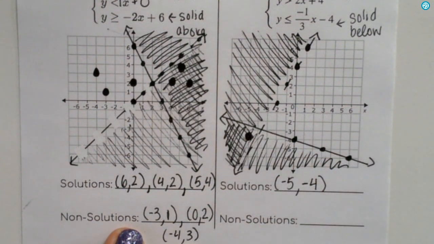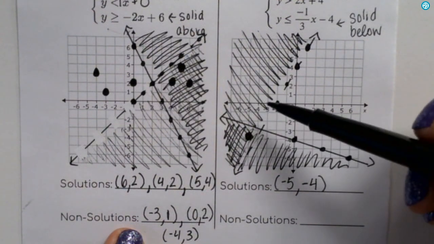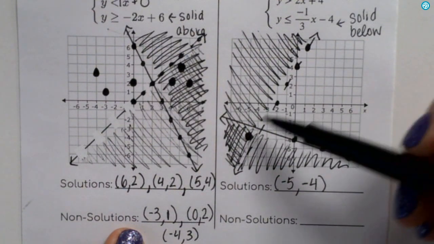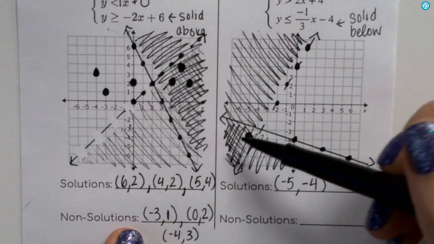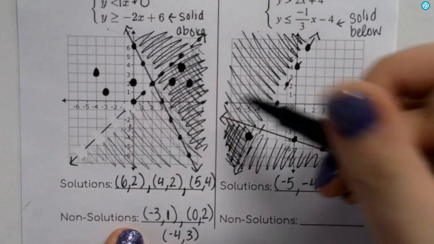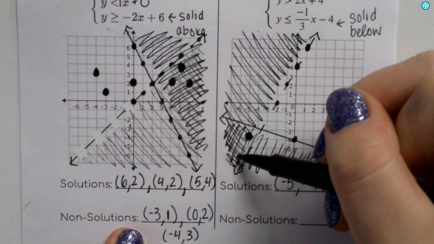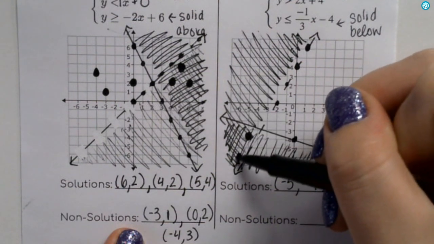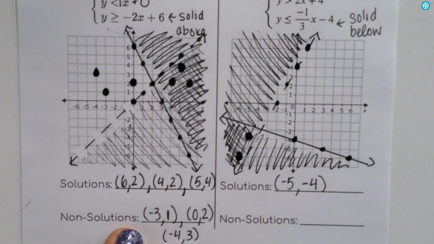What else is in that little section? Anybody, anything? Ordered pair in this little triangle. -6, -6. Yes, I agree. It's down there.